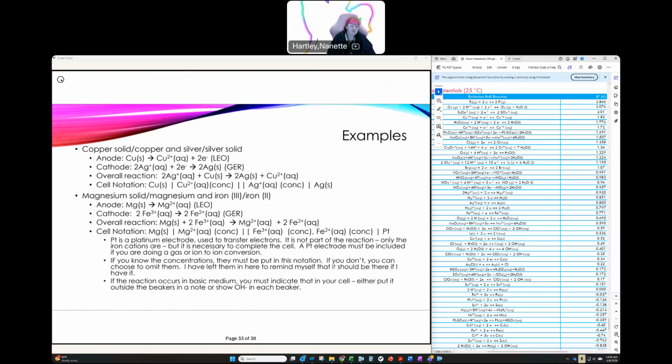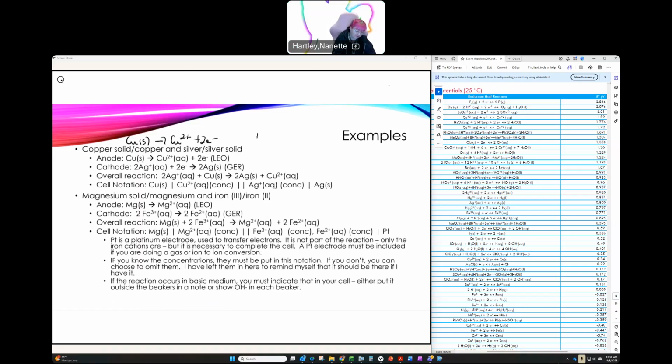So some examples: copper solid going to copper ion, and silver ion going to silver solid. Those are the 2 reactions that I have listed there. Copper solid going to Cu2+ is a 2 electron process.